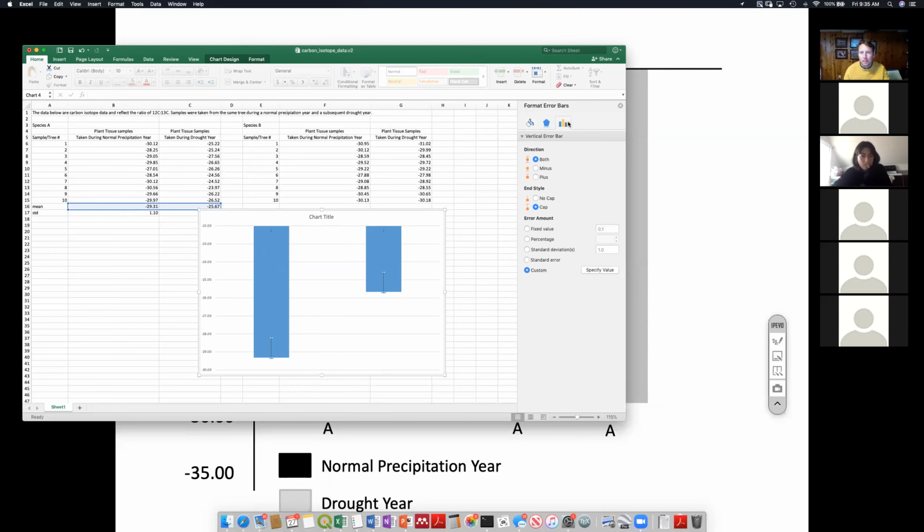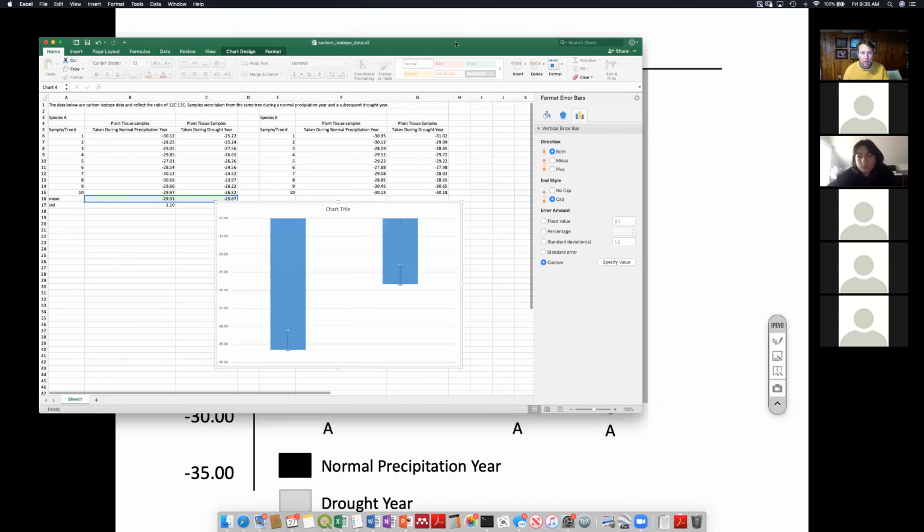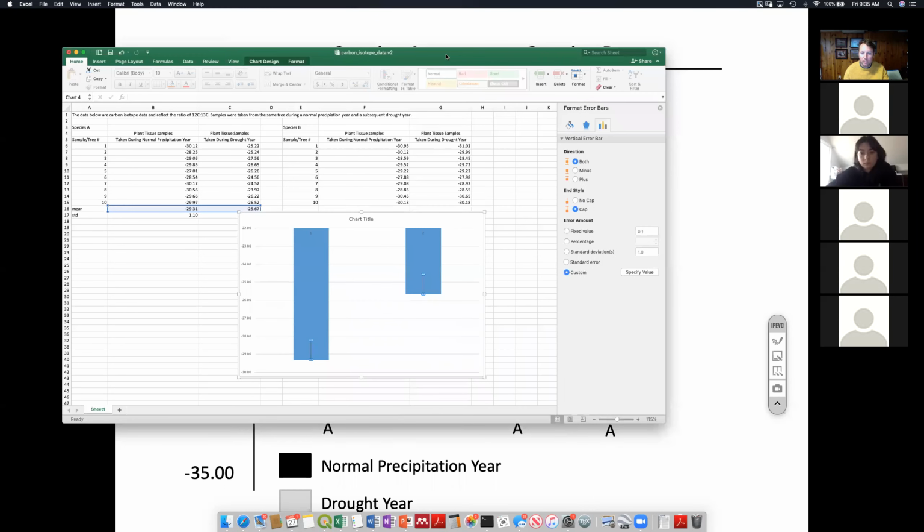I will be here listening. If you have questions, please ask, and then I'll try and answer them for everybody. Or if we need to figure out how to have you share your screen with me, we can do that. Any questions? So right now we're making a bar graph of the mean and the standard deviation.